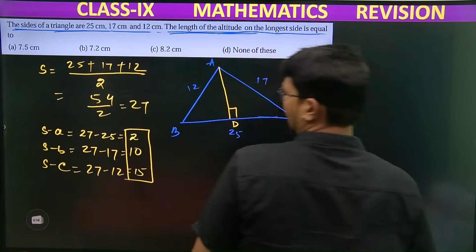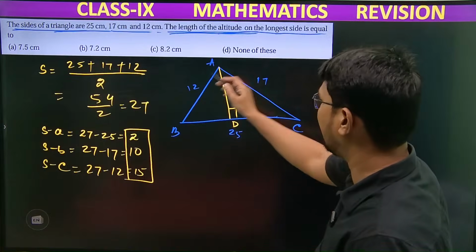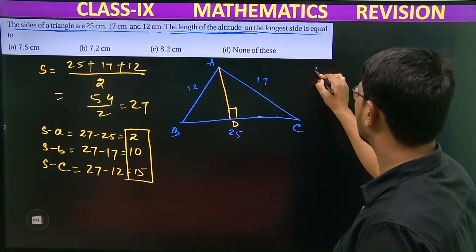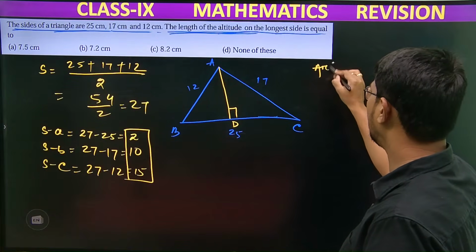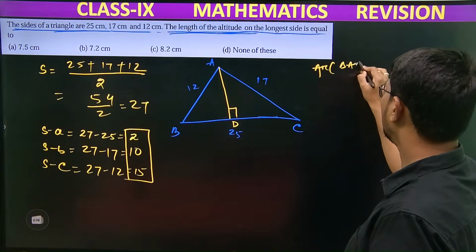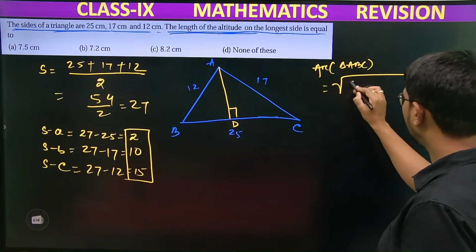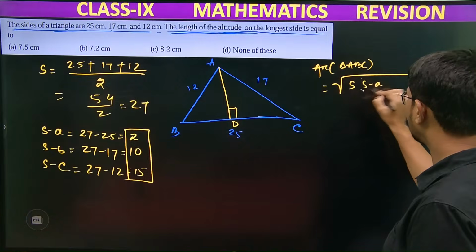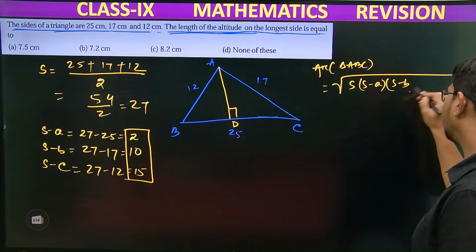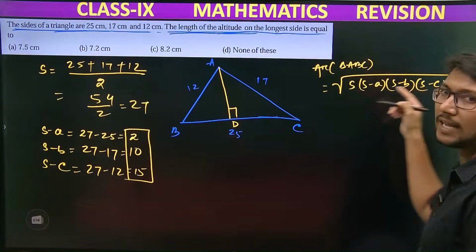Understood or not? Then we have to find the area of triangle ABC. The area of triangle ABC equals the square root of S into S minus a into S minus b into S minus c. This is Heron's formula.